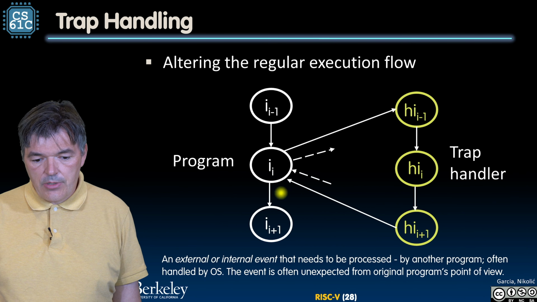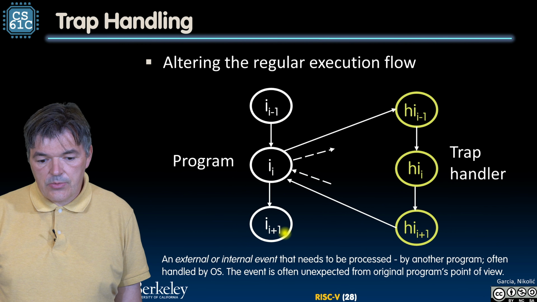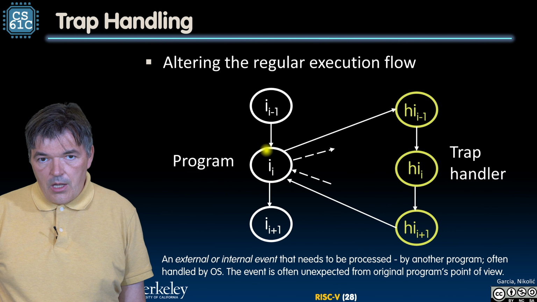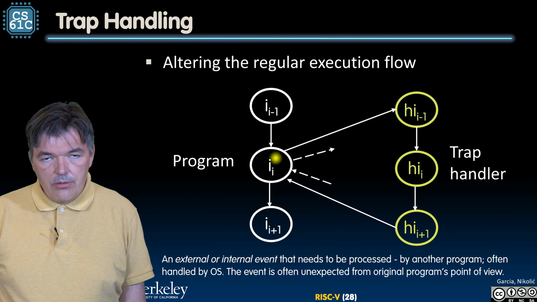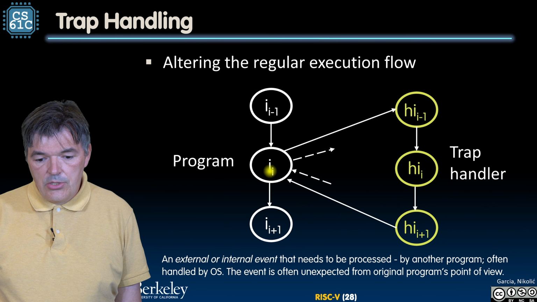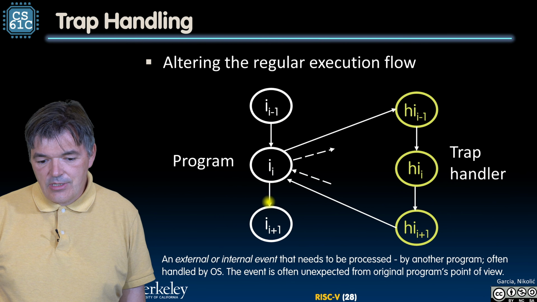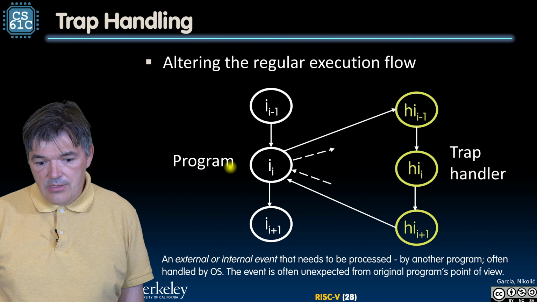So trap handling involves altering the regular execution flow. There is our main program that is running instructions here, instruction I-1, instruction I, and instruction I+1. An interrupt or exception happens. We generally would like to finish all the instructions that precede this trap, and then we jump over to the handler.